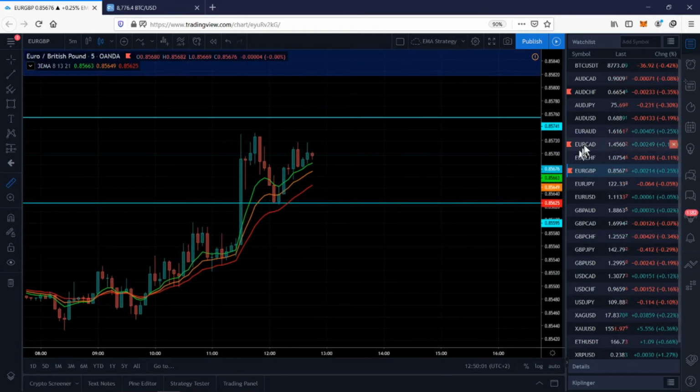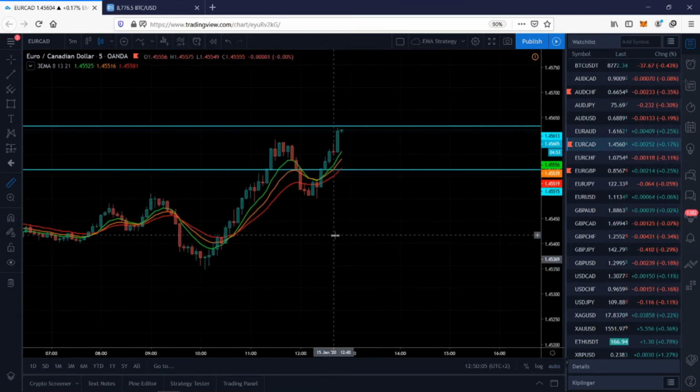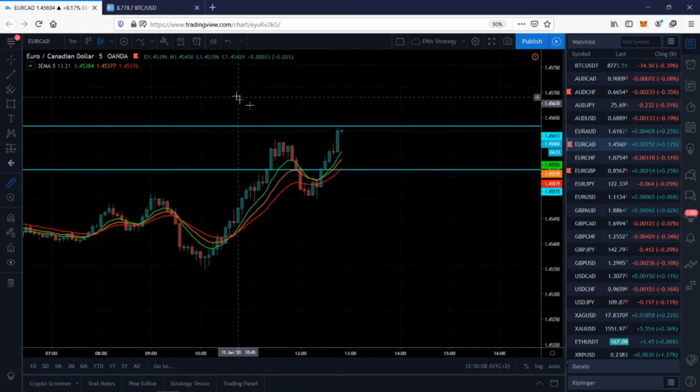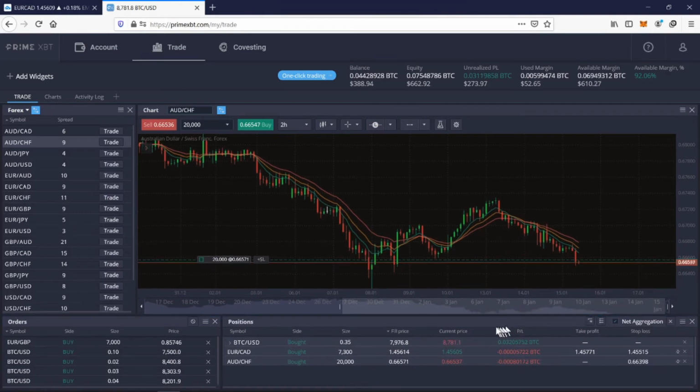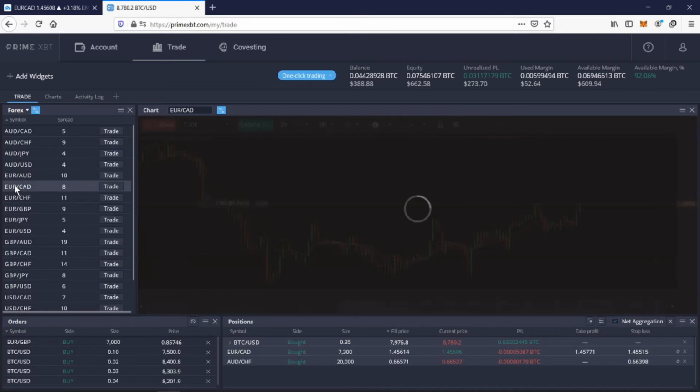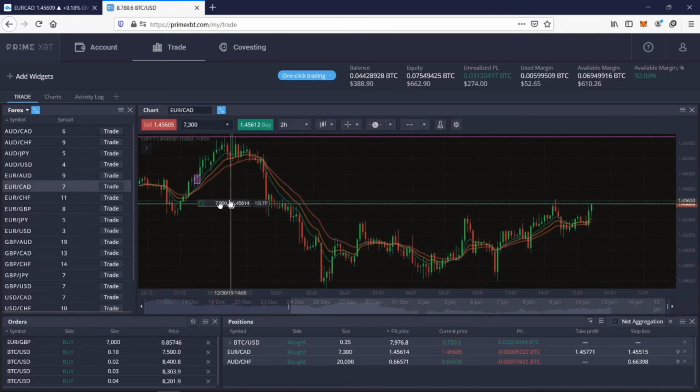Price is starting to move up. The EURCAD, it looks like it's actually just about to trigger my buy signal. Oh, and we can see there that it has. Okay, so now let's monitor it, and we'll see. Let's go to EURCAD. It's there. Okay, let's monitor it and see.